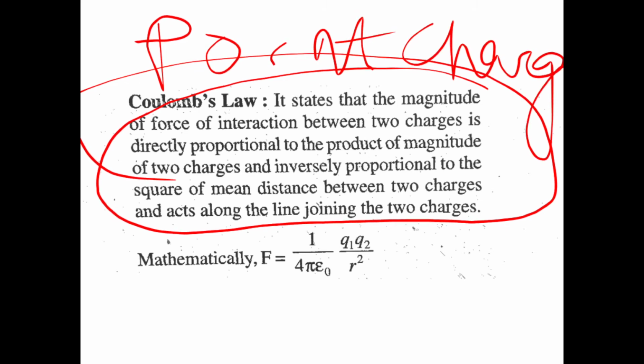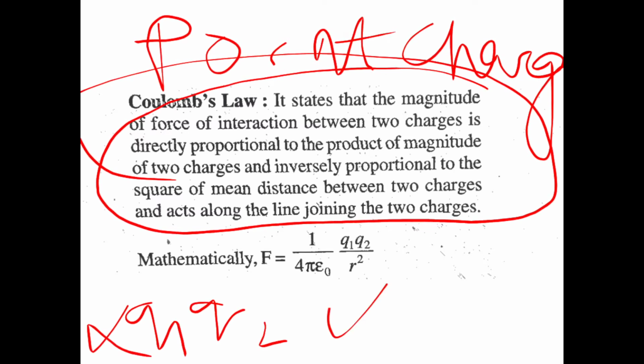The force of attraction and repulsion between 2 point charges is directly proportional to the product of the charges, and is inversely proportional to the square of distance between them. Okay, this is written.